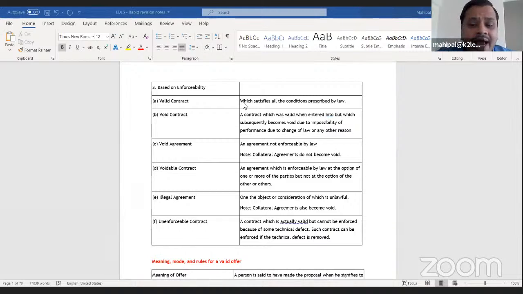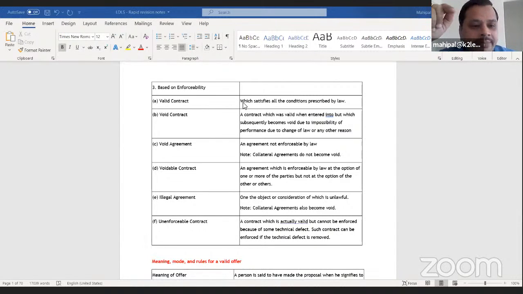Voidable contract: an agreement which is enforceable by law at the option of one or other party, but not at the option of the other or others. Remember the example, agreement at gunpoint. If I come, keep a gun and say, sell your chain, you're forced to sell, but you are not willing to sell.